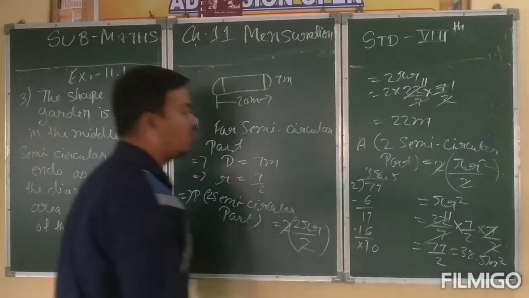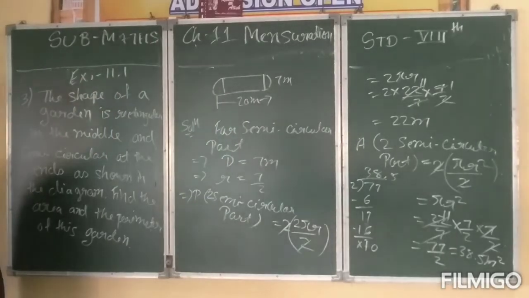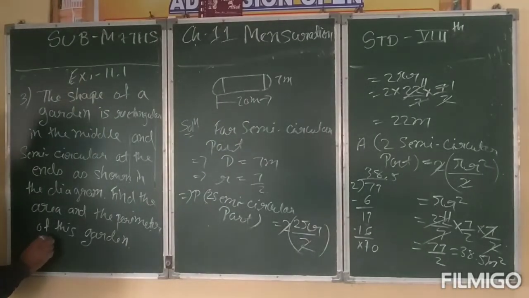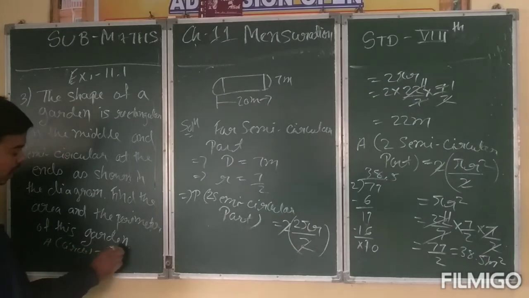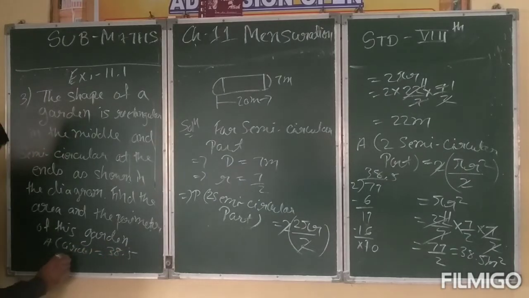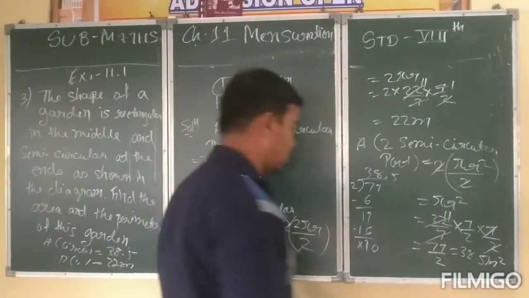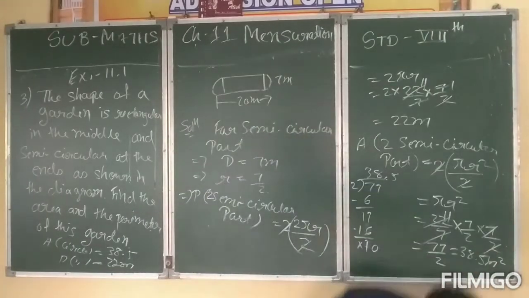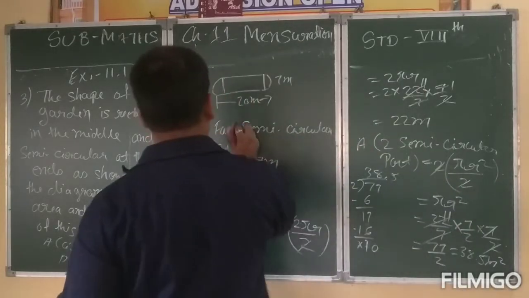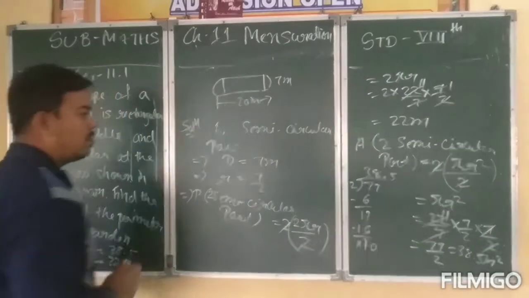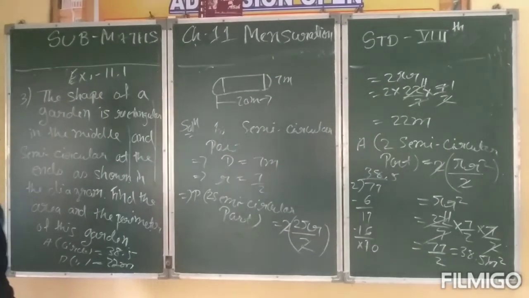This is the area of the 2 semicircular parts. So please write down: area of circular part 38.5, perimeter is 22 meter. Now we graph. Please copy this if you want to copy.